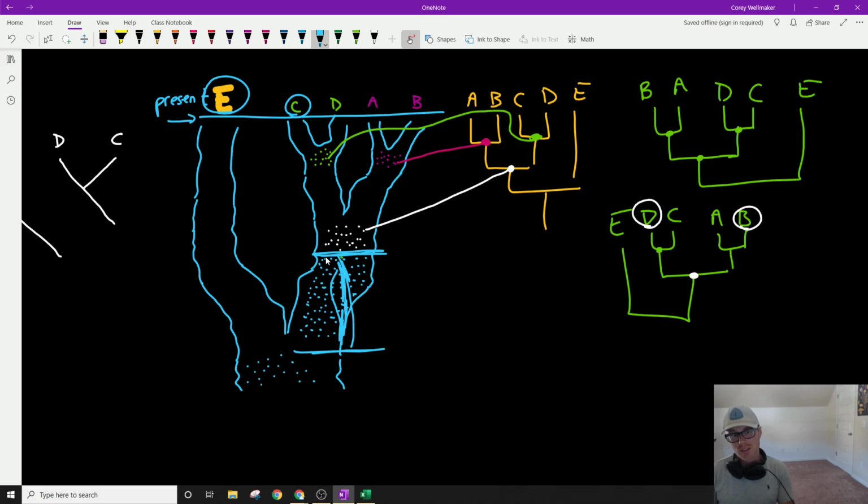So there is more time for genetic divergence between the C lineage and the E lineage, which means that they're less related to each other when you compare C to B. C to B is more related to each other than C is to E.